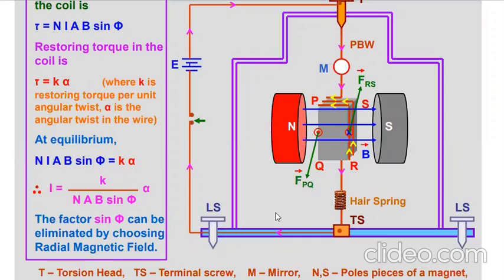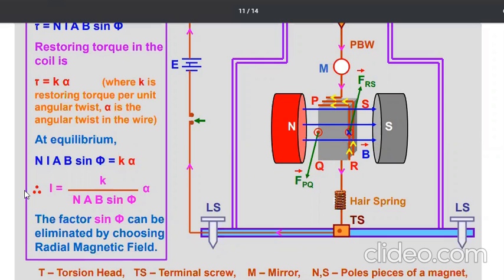If you keep the wire fixed and try to twist it, then a mechanical torque will develop in the wire that will depend on the elastic property of the wire. So the magnetic torque produced by the current in the coil and the mechanical or elastic torque produced due to twisting of the wire will counterbalance each other.